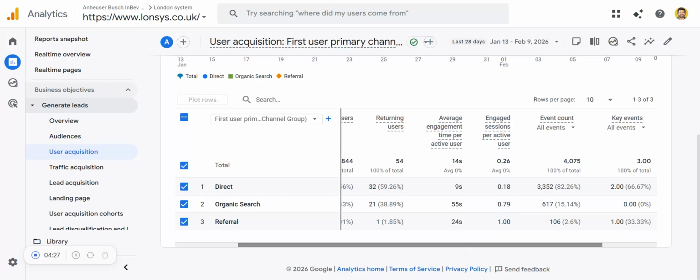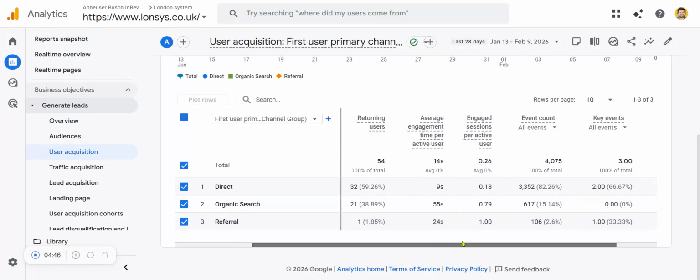So is it that you have a few people that are very engaged and the rest are not? Or is it that most of the people that come on your website usually engage? One is the highest, obviously. The closer it is to one, the better. So for organic search, we are at 0.79, which is a very good number.